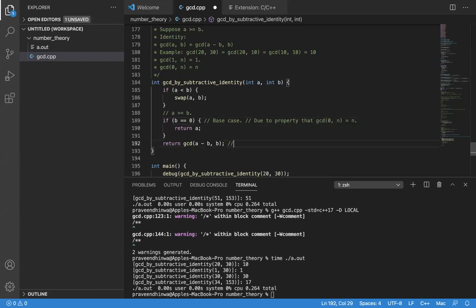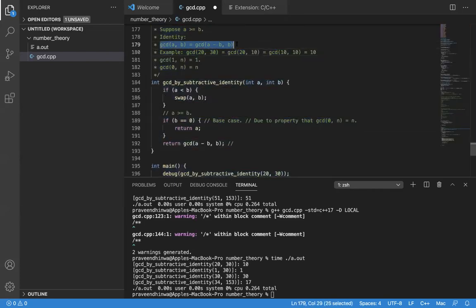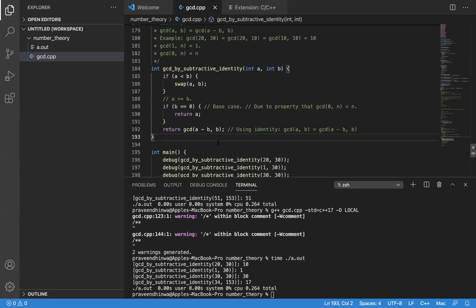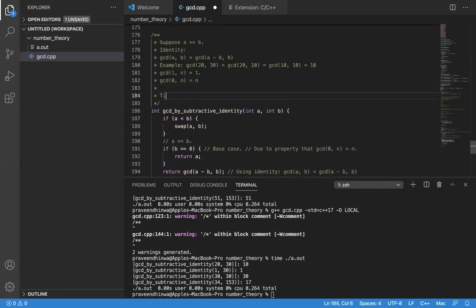And otherwise I am using this identity. So this is your recursive function. You can even make it an iterative function, doing the same thing till b becomes 0. So let's see what will be the time complexity of this program.